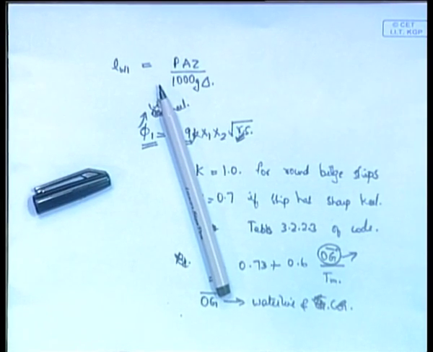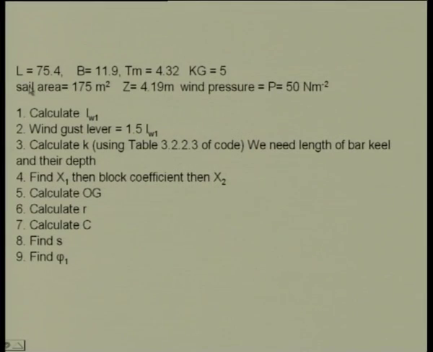Now, in this problem here you are given a ship with the following particulars. The length of the ship is 75.4 meters, breadth is 11.9, the draft is 4.32, KG is given as 5 meters.